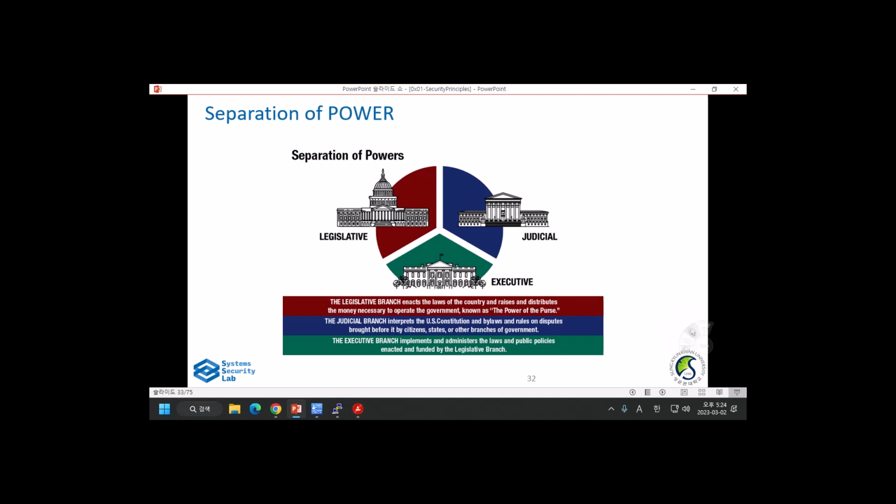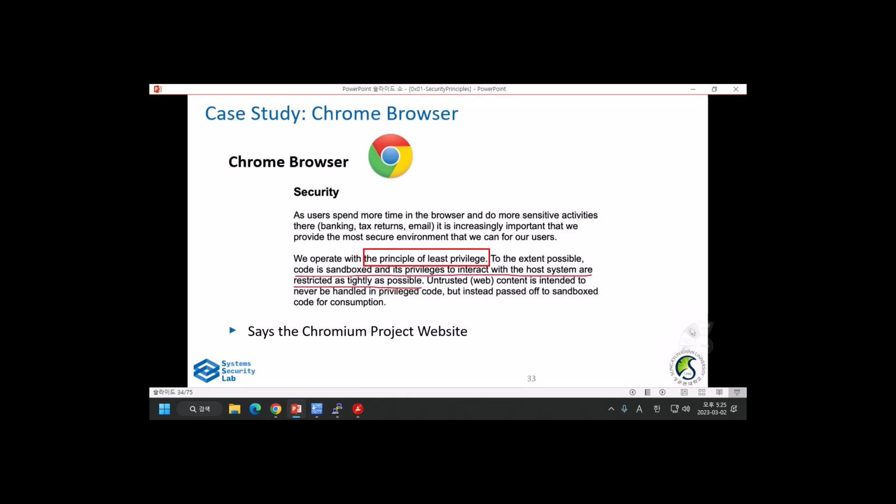So this is our political system today, and a really good case of well-implemented least privilege and separation of privilege is actually the Chrome browser that you're probably using right now, right? You probably have the Chrome browser open.